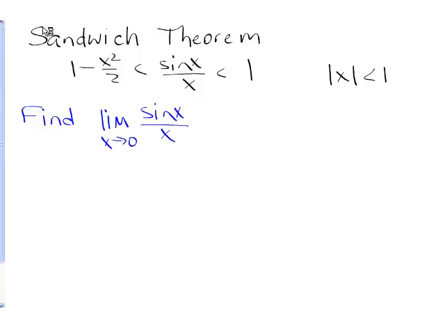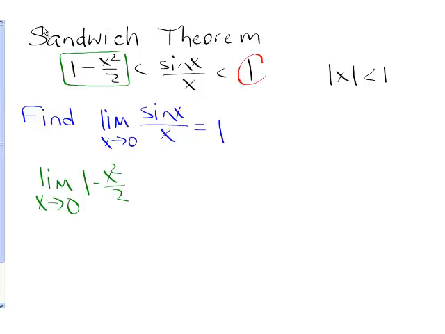Well, this is one of those deals where I told you as of right now, this is true. This is going to be equal to 1. But why is it equal to 1? Well, we'll find that out later. But we can use the sandwich theorem. We're going to take this guy right here and find the limit as x approaches 0 of 1 minus x squared over 2.